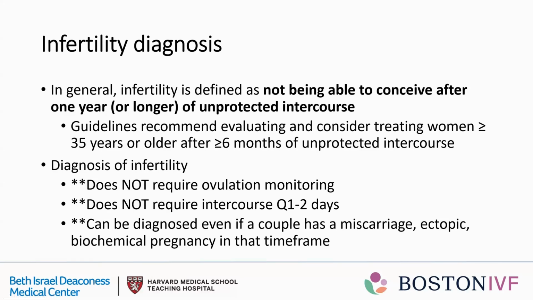And what infertility is, and I'm sure you all know this, it's defined as not being able to conceive after 1 year or longer of unprotected intercourse. And the guidelines do recommend evaluating and considering treating women that are 35 or older if they've been having 6 months or more of unprotected intercourse. And we'll go into a little bit more detail about that later.